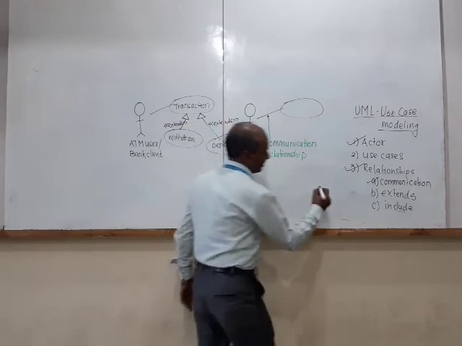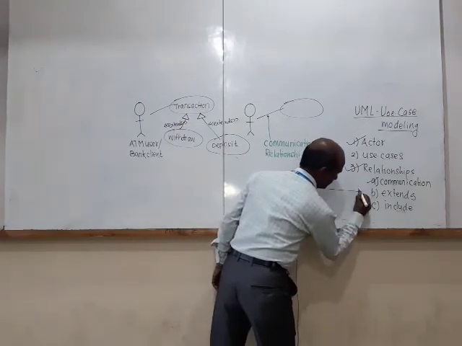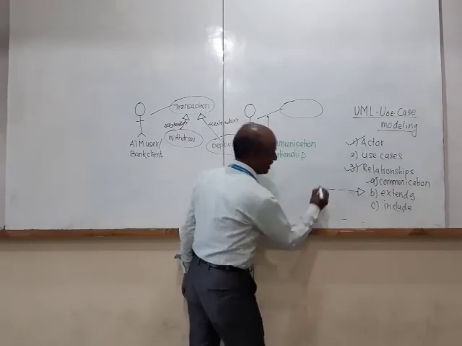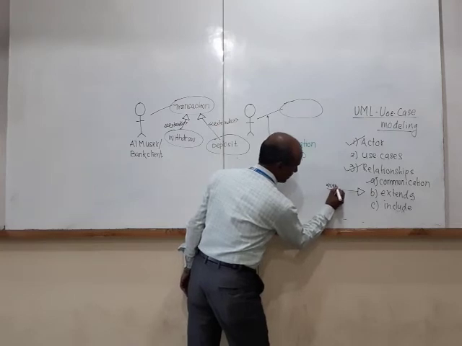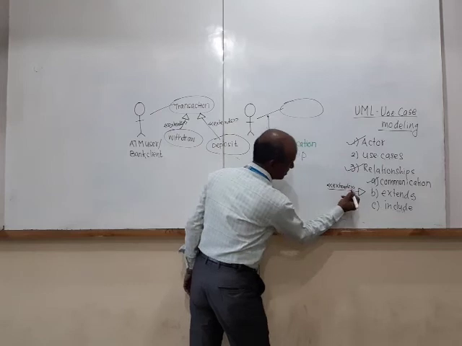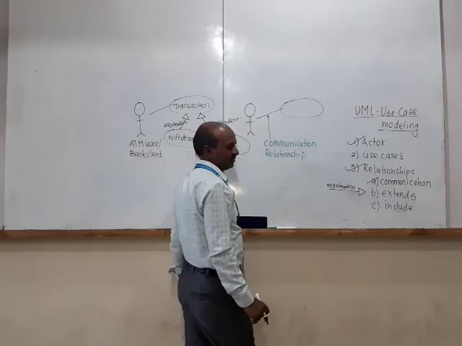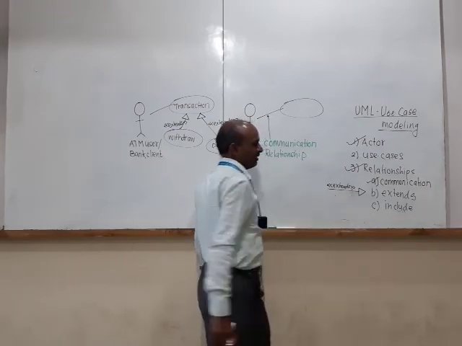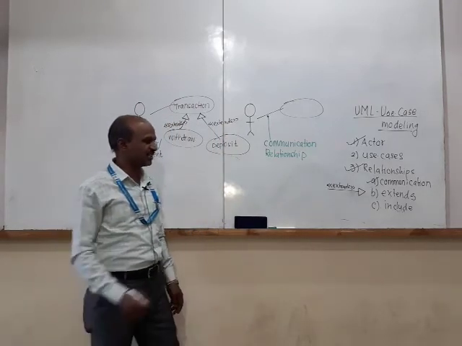Graphically in UML we show the extend relationship in this way, with the arrow labeled with the word extends. This is the graphical representation of the extend relationship.